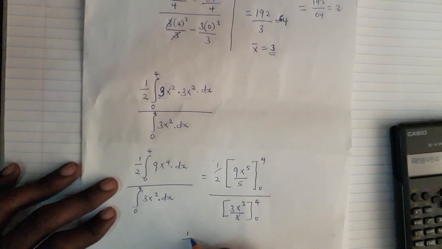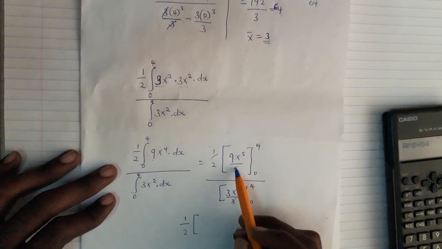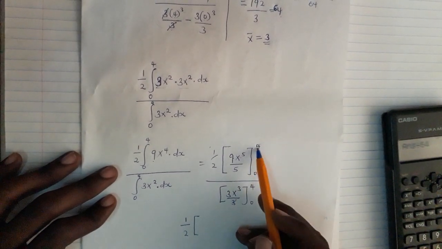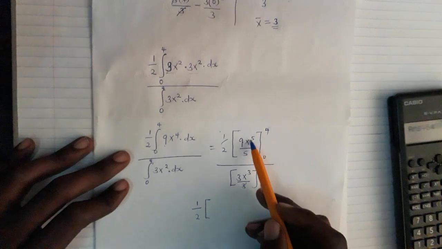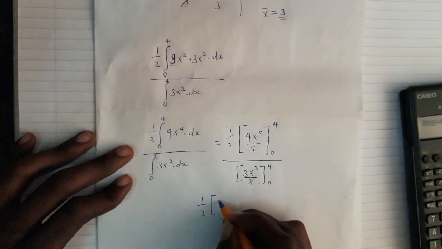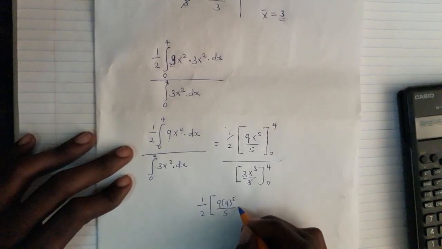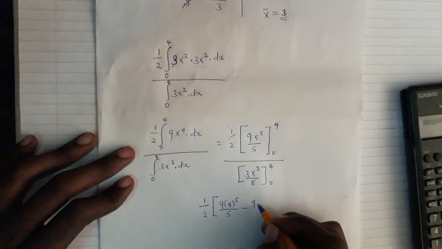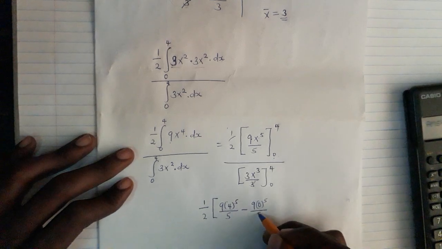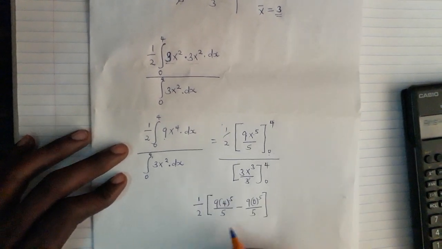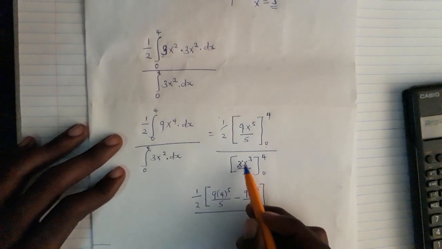So it is a half, and then let us write this, but replacing the value of x with our upper limit, and then subtract the whole of this one, replacing the value of x with our lower limit. So it is 9 times 4 power 5 all over 5 minus 9 times 0 power 5 all over 5, and then we divide by this one, and this one cancels out, we will remain with x power 3.